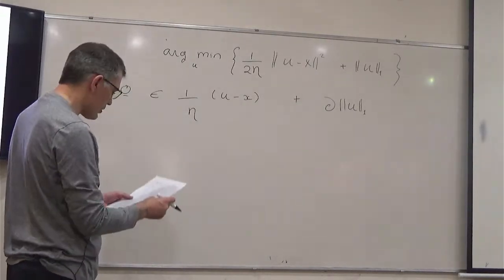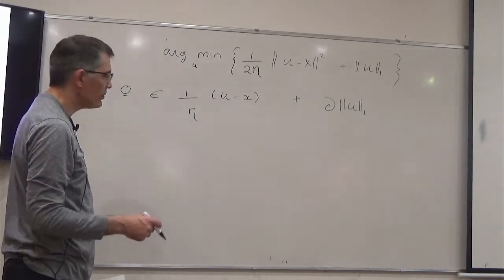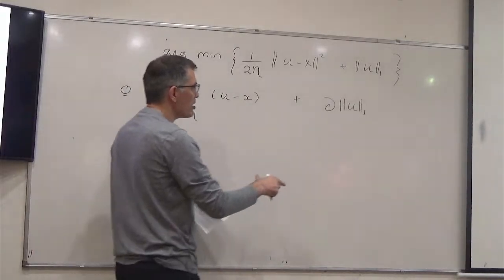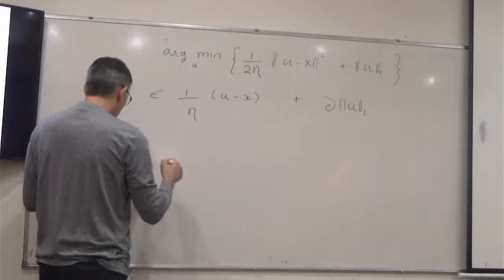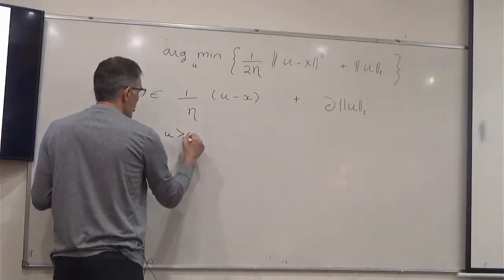Okay, so now let's break this problem down into 3 cases. And these 3 cases are informed by what is happening here. So for instance, we'll start with when u is greater than 0.